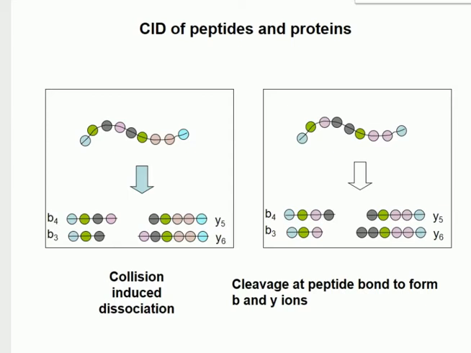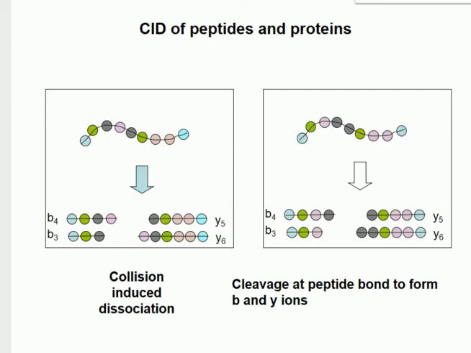And we can calculate or deduce what the sequence of the peptide is by looking at the mass differences between the fragments. So if we looked at the mass difference between the B3 and the B4, it would correspond to the pink amino acid. And so if you get another peptide which comprises the same amino acids but in a different sequence, you will get different B and Y fragments.